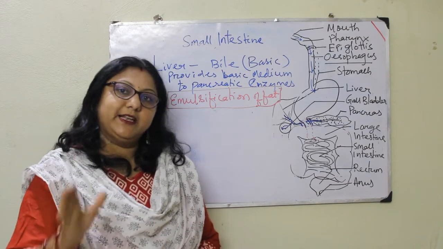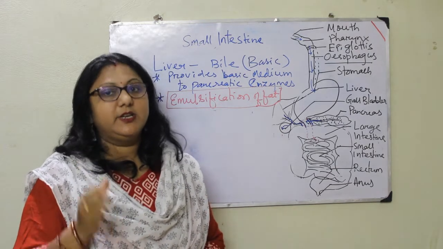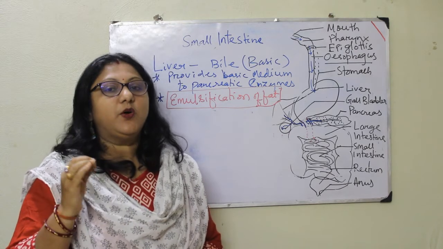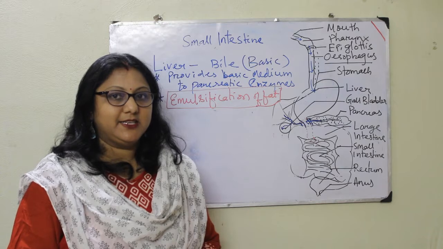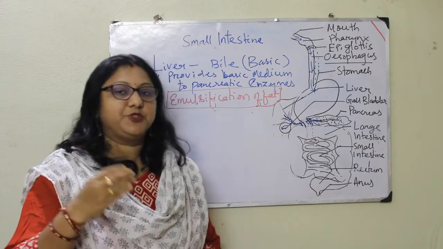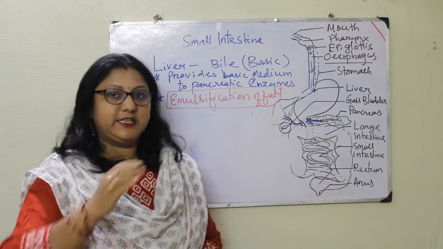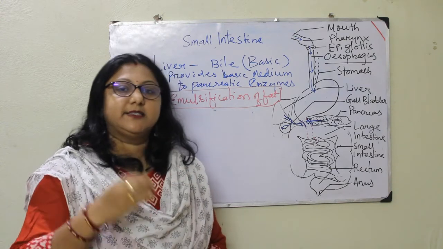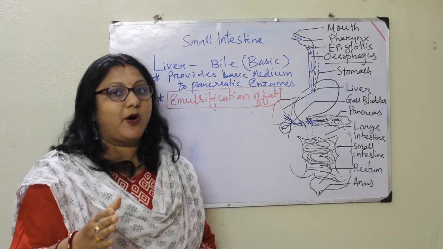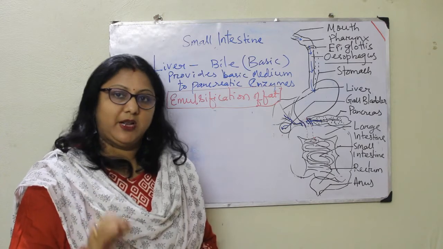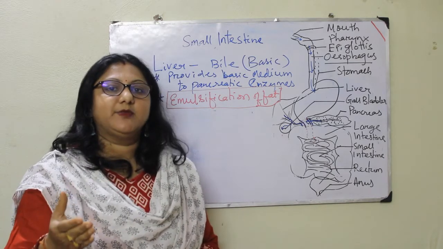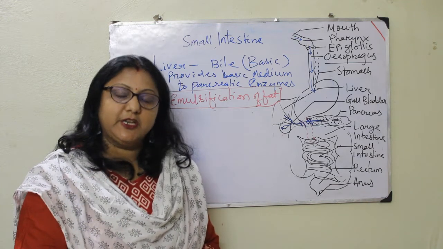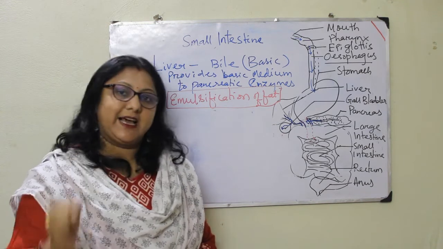Now the final part of the digestion takes place with the help of intestinal juice. Now what secretes the intestinal juice? The gastric glands which are present in the intestine, the lining of intestine. Like gastric glands are present in stomach, similarly the gastric glands are also found in the small intestine. So the final part of the digestion takes place with the help of secretion of the intestinal gastric juice.